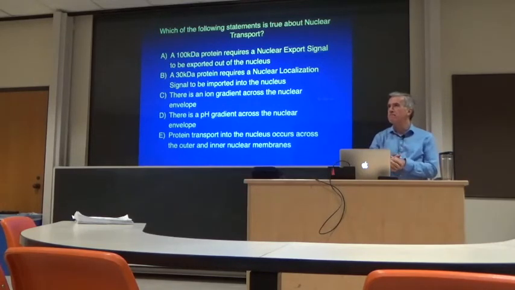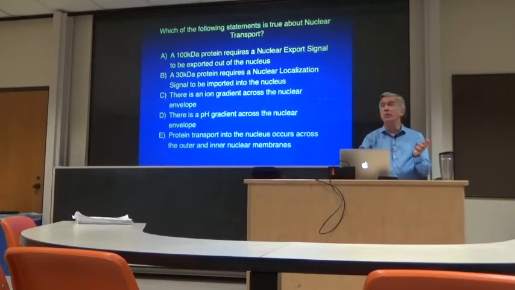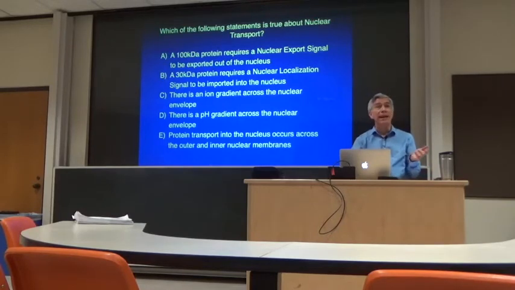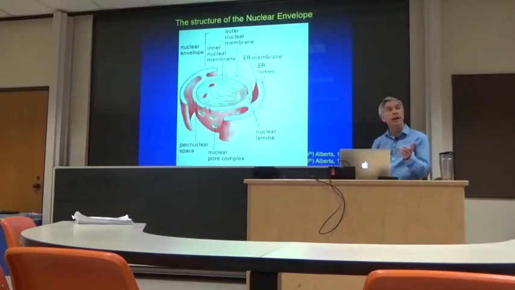Yes? Because they actually have to go through the nuclear pore, which is where the outer and inner membrane fuse and create basically a hole. This is the amazing thing: to go across the nucleus, you don't have to go across any membrane. Why?